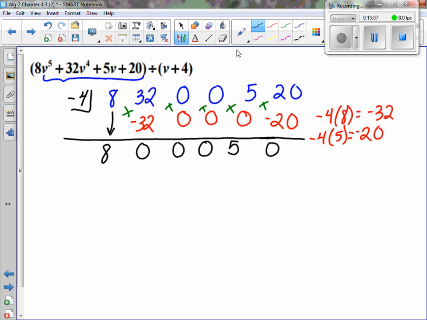So what do I do next? I box the 0. I box the 0 as a reminder to myself that that last number is the remainder, because the number next to it is the number without a variable.